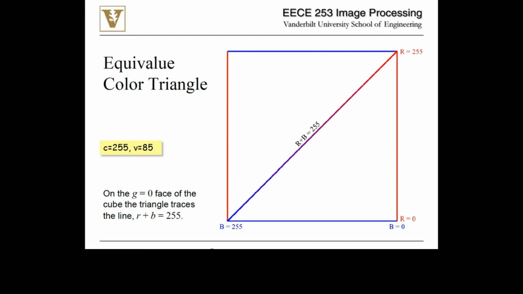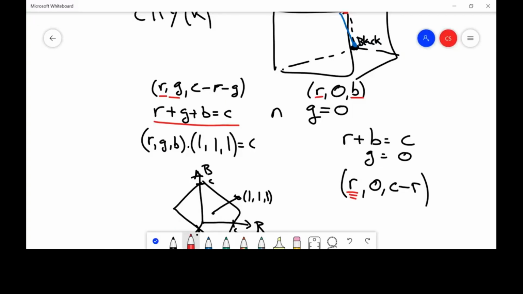And this line here, all the points in this line, they have this shape. Okay, so they have this shape here. So R can be whatever, then 0 and then C minus R. C in this example was 255.